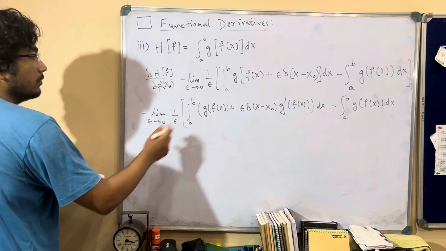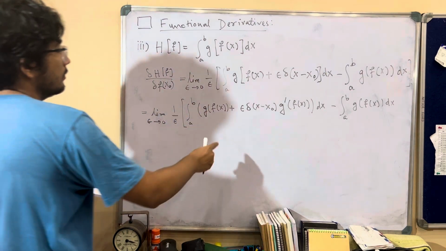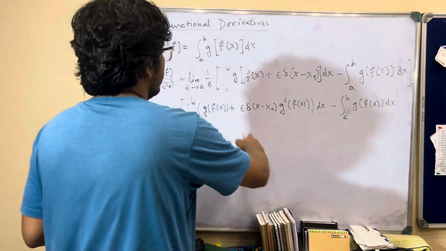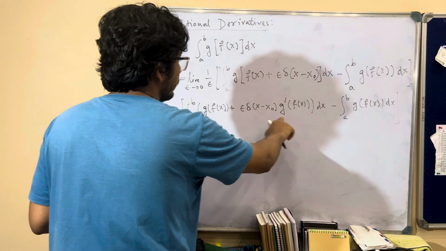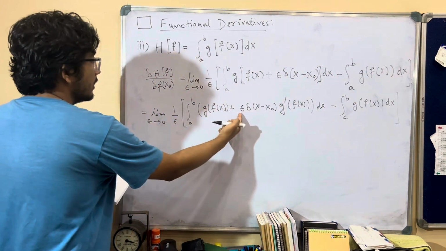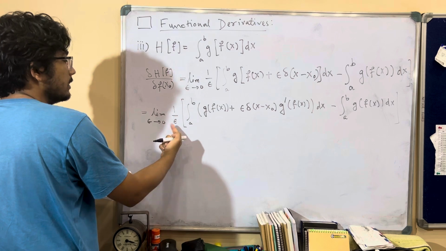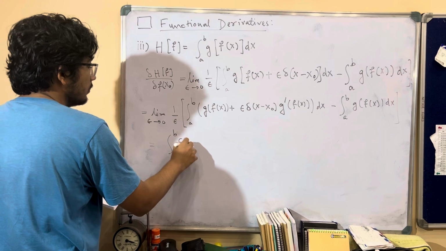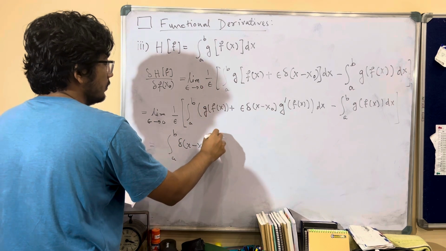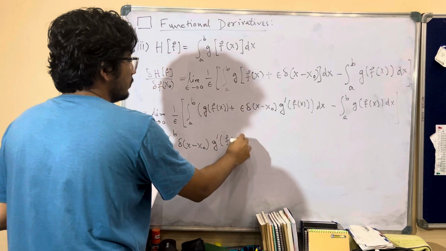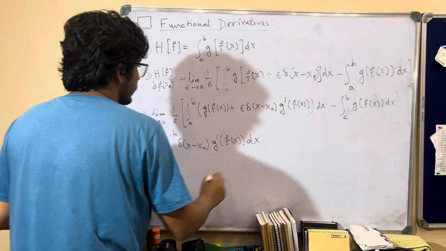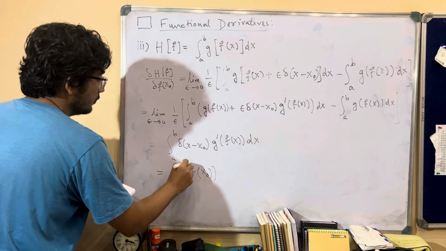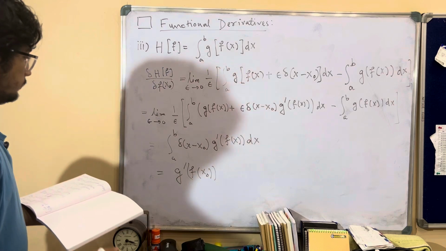Now you can clearly see once again that this part will exactly cancel out with the second part, and we will be left with this part only. Once again, we can take the epsilon out of the integral and it will cancel out this part, and we will get the answer, this thing, which will be exactly equal to this part.